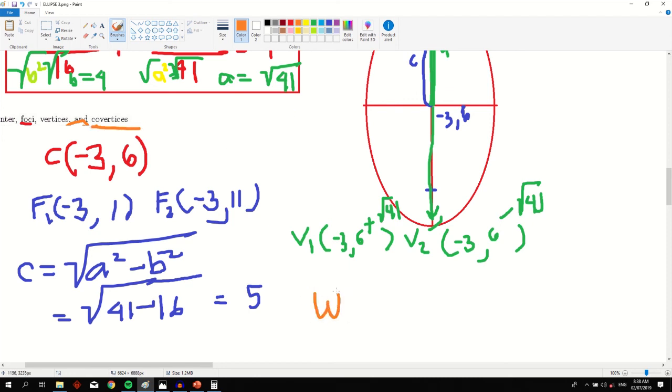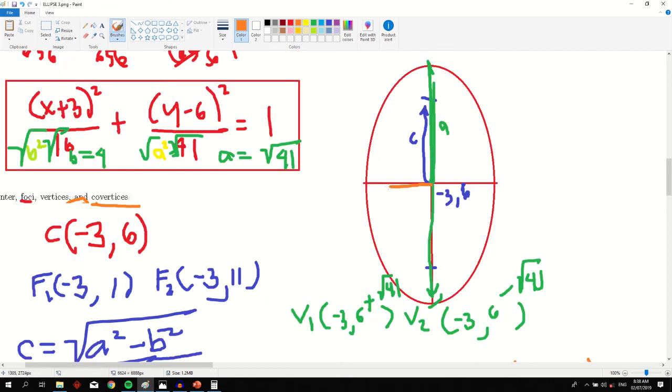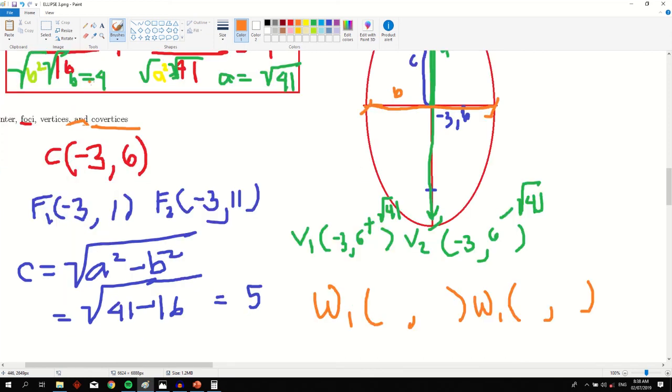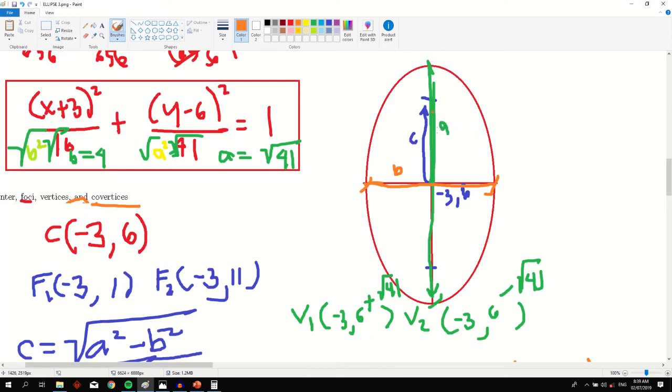Then we go to the covertex. So the covertex is the minor axis. So this one here, we all know that this is b, so we already have b here. What will be moving, the x or the y?